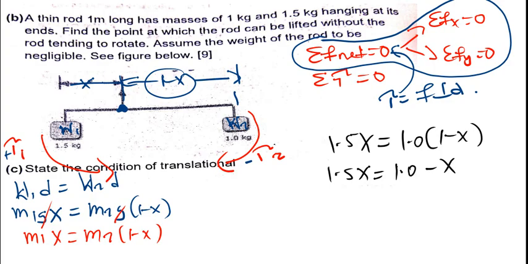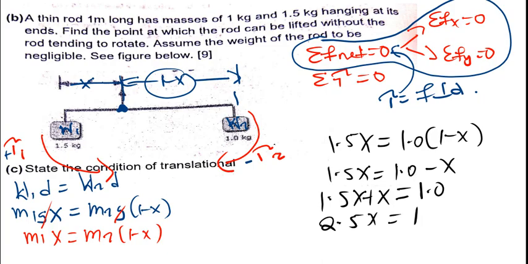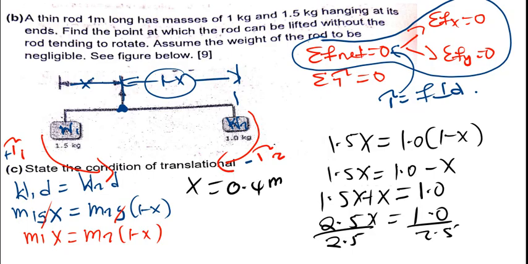Shift this to the other side, it will be 1.5 x plus x being equal to 1.0. If we add these two, we get 2.5 x being equal to 1.0. So you can divide both sides by 2.5. Therefore x will be 1 divided by 2.5, that is 0.4. So it has to be placed 0.4 from the pivot. So the answer here is 0.4.